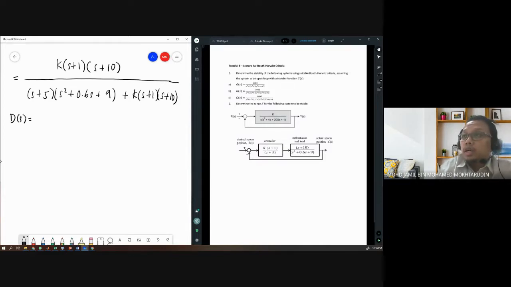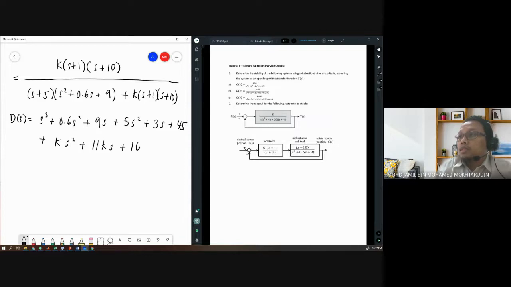We expand this, so we get s to the power of 3 plus 0.6s squared plus 9s plus 5s squared plus 3s plus 45, and then expand this one, so we get Ks squared plus 11Ks plus 10K, and then rearrange in terms of order: power of 3, power of 2, and so on.